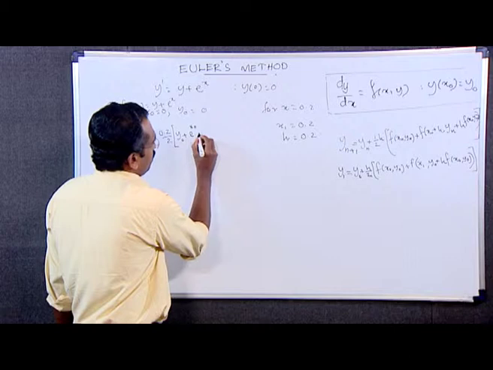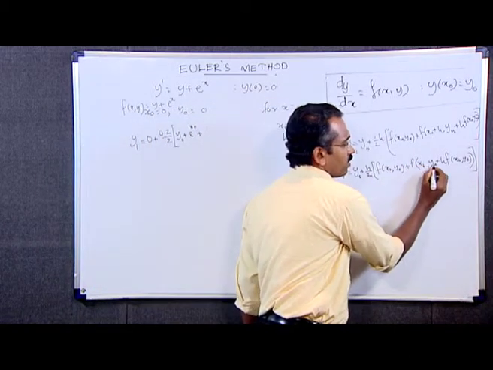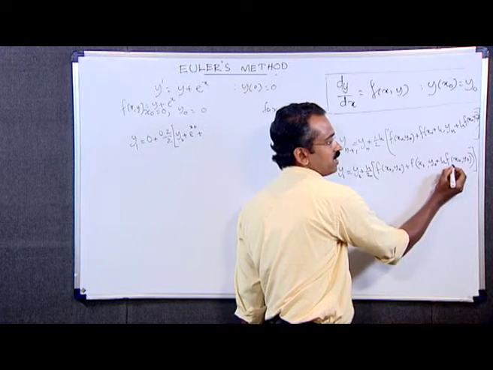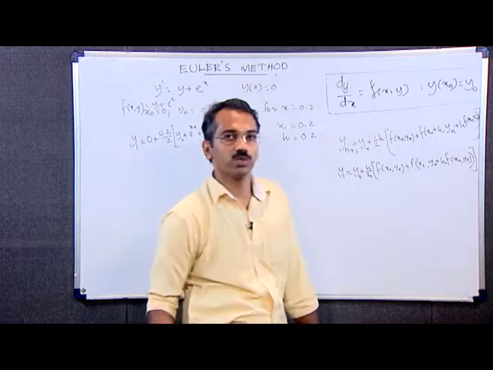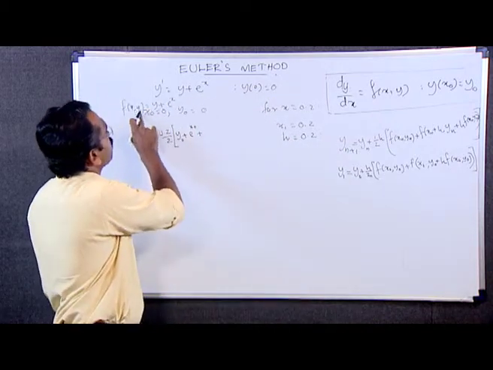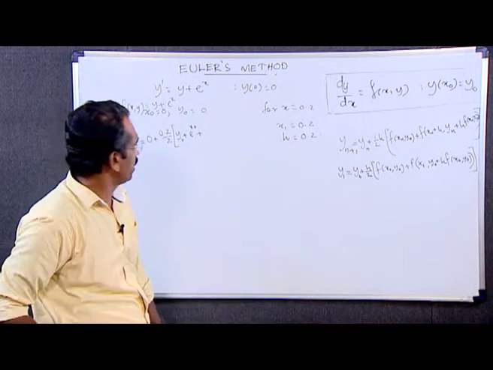Plus f of x1 comma, the first coordinate is here x1, second coordinate is y naught plus h into f of x naught y naught. Our function is of the form f of x y is equal to the second coordinate y plus e power the first coordinate.